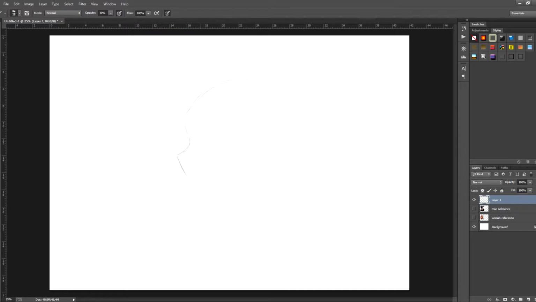So first, I'm going to draw an adult person's skull. As I go along, I'll place the main bones. But what I want you really to focus on is the jaw.